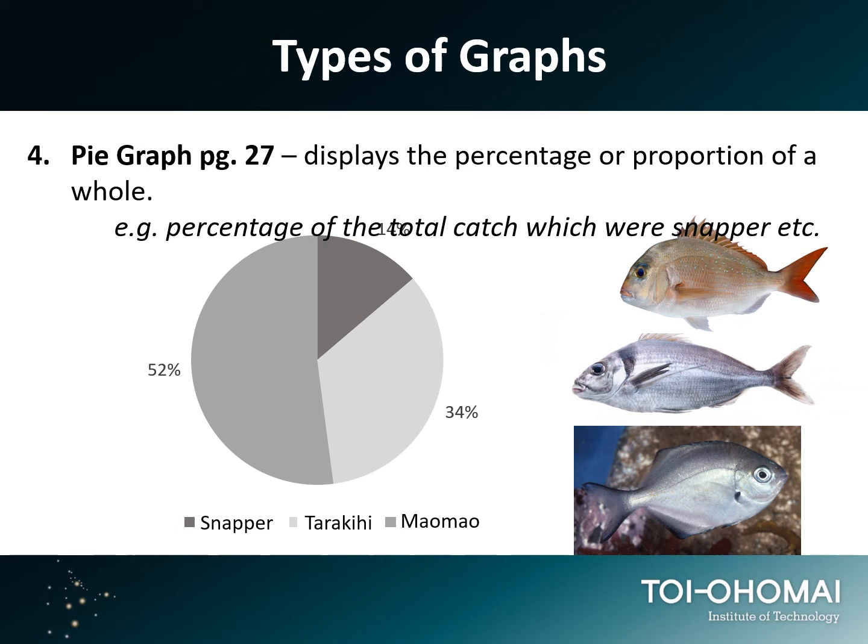And moving on to a pie graph, okay, this is for discrete data as well, where we've got, in this case, the same snapper, tarakihi, and mau. Pie graphs are not often used in scientific publications, but they have their place if you're showing percentages. So this is where you're displaying a derived set of data versus a categorical or discrete set of data.